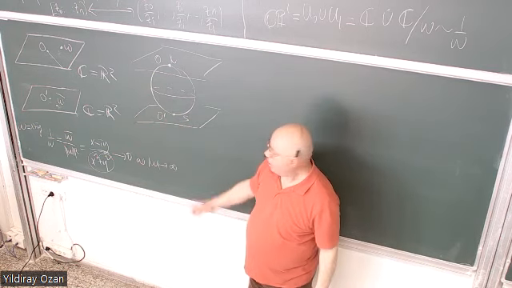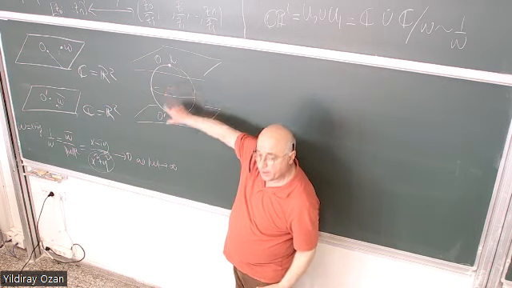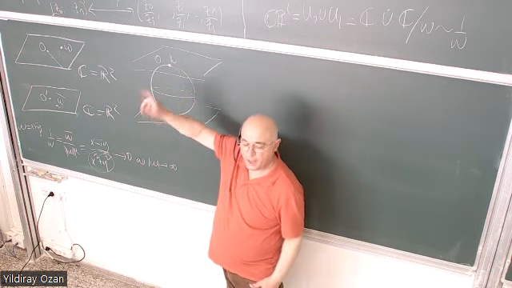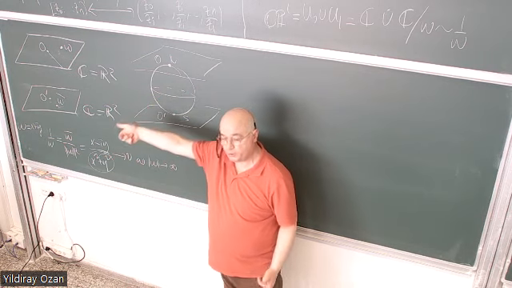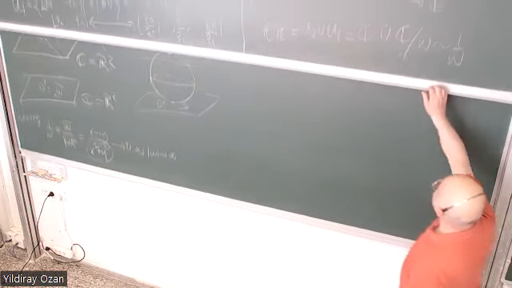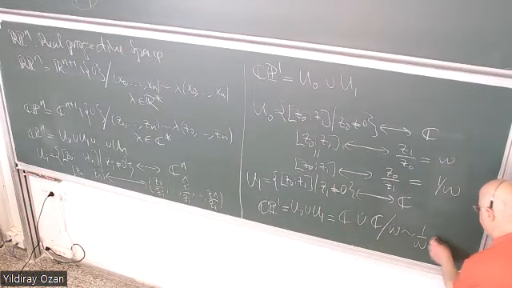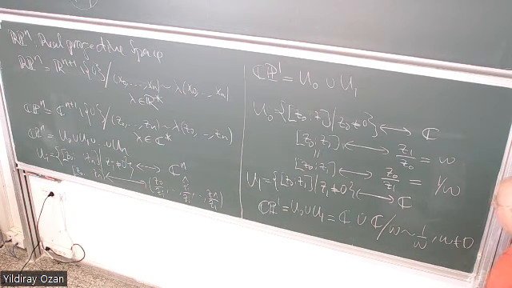Each one covers the whole sphere except one point, and that one point comes from the other chart. So it is just this picture. You identify all the points here except zero.